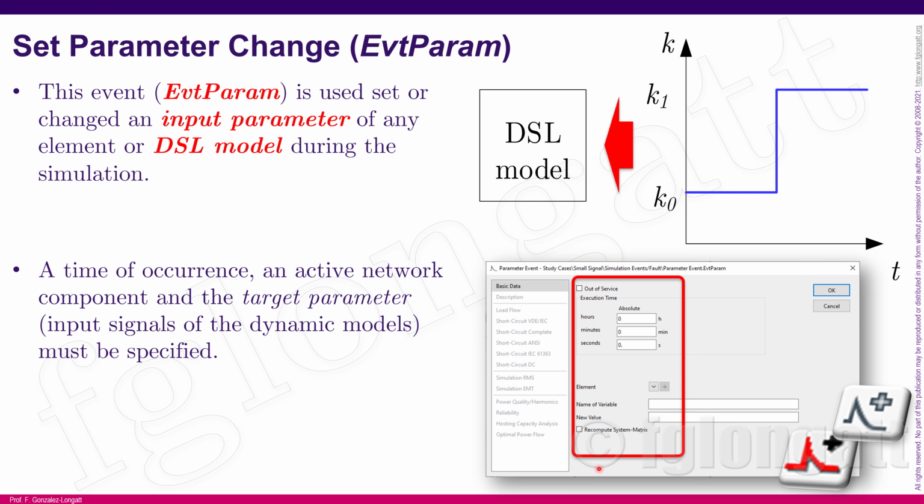Of course not. You need to read the user manual. The event set parameter change is only for DSL models. If you have an AVR or a governor and you want to change a time constant or something like that, yes, use this event.